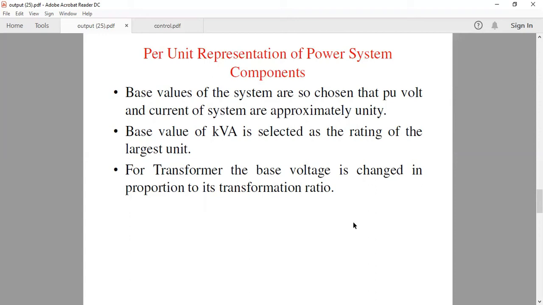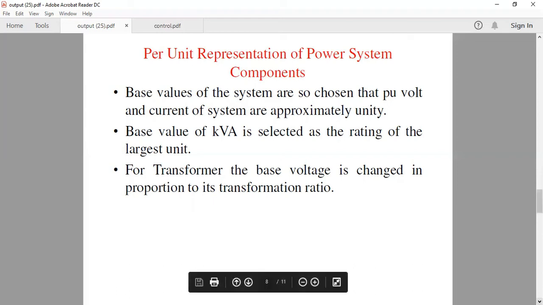So the selection of base quantities, that is the base value of kVA and the base value of voltage, are very important steps in the per unit representation of the power system components.